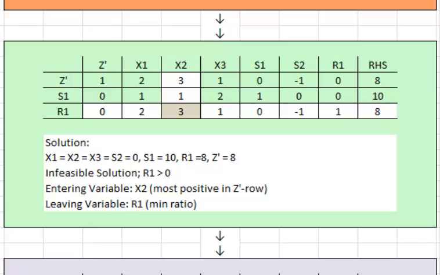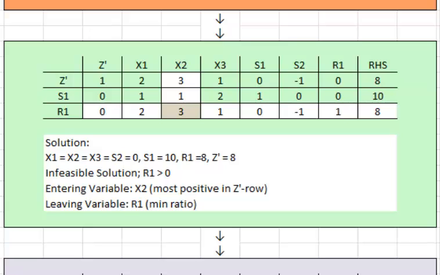Remember that this is a minimization problem, so when we look at the z prime row, instead of searching for the most negative, we are now searching for the most positive. In this case, the entry under x2, which is 3, indicates that x2 is the entering variable.